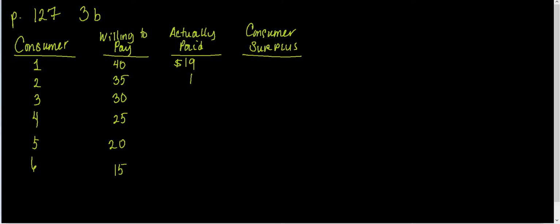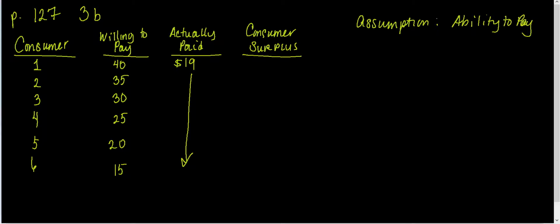Again, we need to adopt the assumption that consumers have the ability to pay, so that their purchases reflect their preferences and not what they can afford. That allows us to think about consumer surplus, which is actually the willingness to pay minus the actual payment.